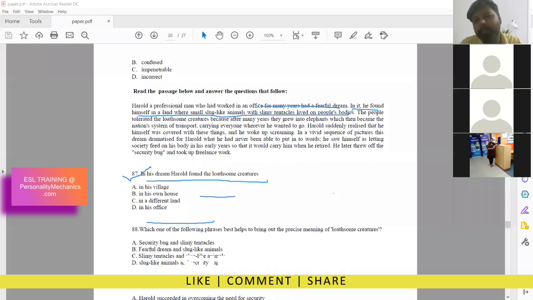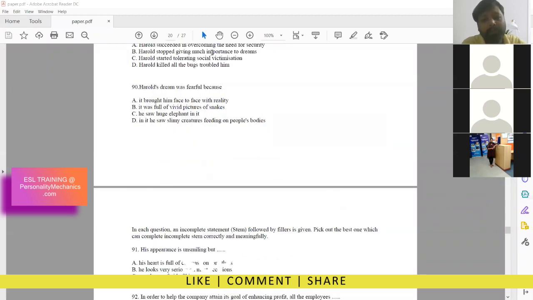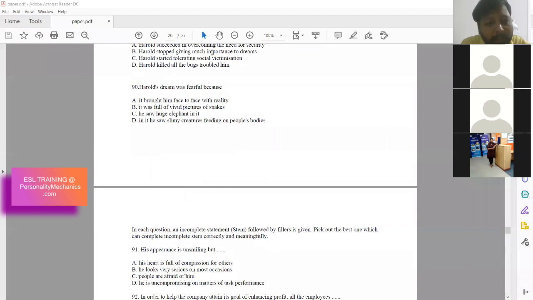And that is what made it fearsome. It wasn't because it told him about real life. That was his interpretation, an understanding of the whole situation later. But that was not the whole point here. He felt that it was fearful because of the situation he was brought face to face with.